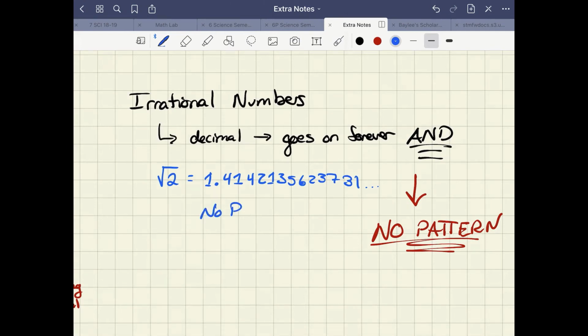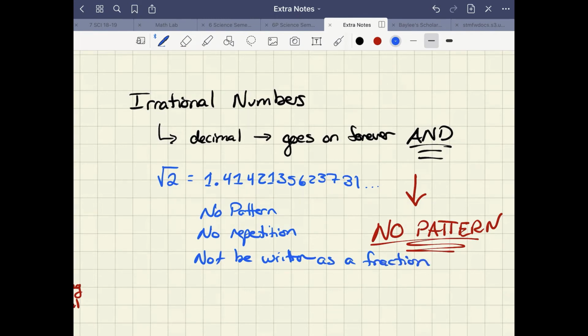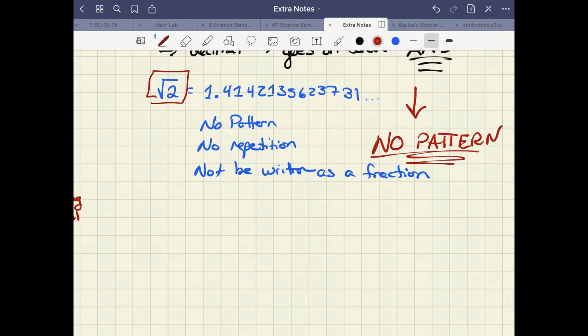There is no pattern, no repetition. And therefore, it cannot be written as a fraction. That makes the square root of 2 irrational. There is a whole slew of other values that are irrational. The square root of 3 is irrational. The square root of 27 is irrational. Pi is irrational. You might be thinking, pi? Yeah.